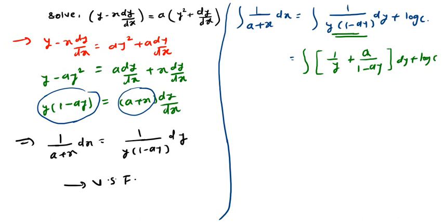Now we can take the integration directly. The integration of this term is what? Log of a plus x, because the derivative of a plus x is 1 with respect to x.